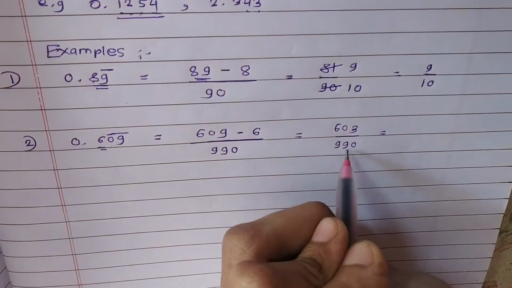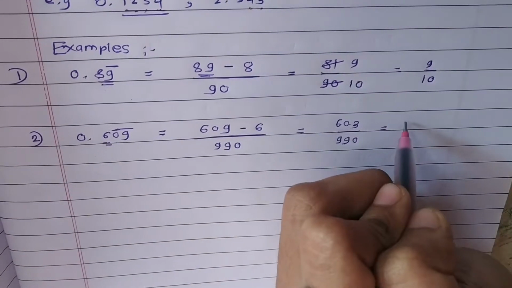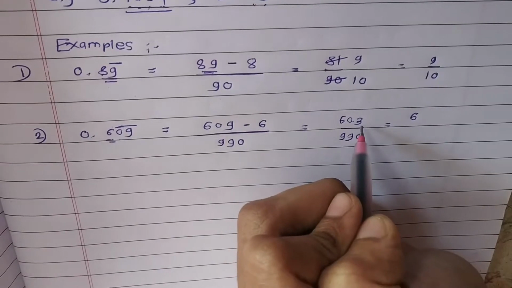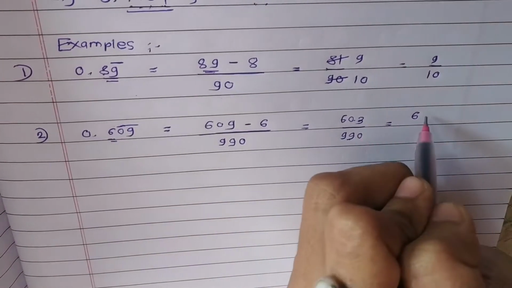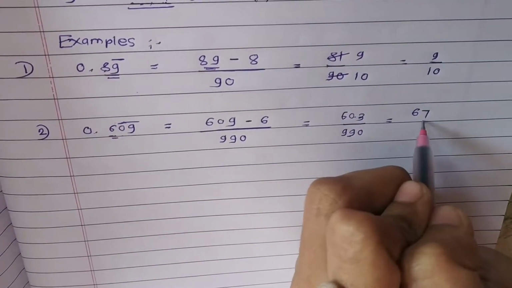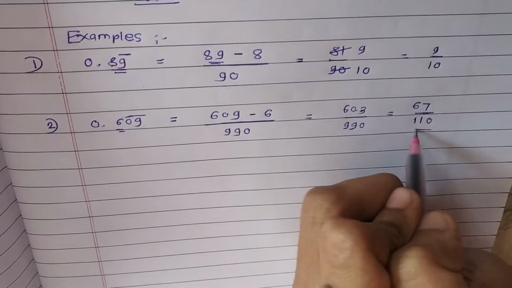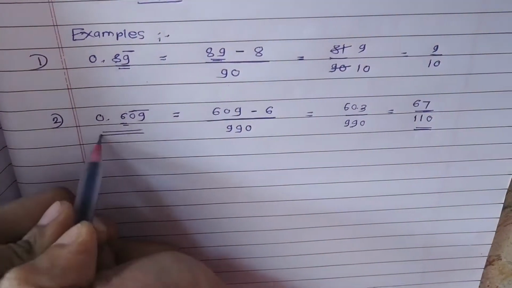This can be cancelled with 9. 9 6s are 54, carry 6, it will become 63, and 9 7s are 63, divided by 110. This is the vulgar fraction for this decimal fraction.